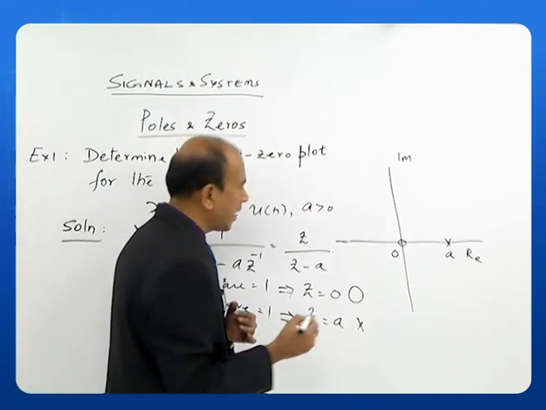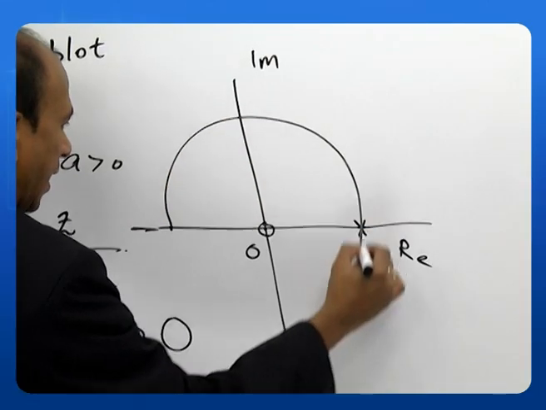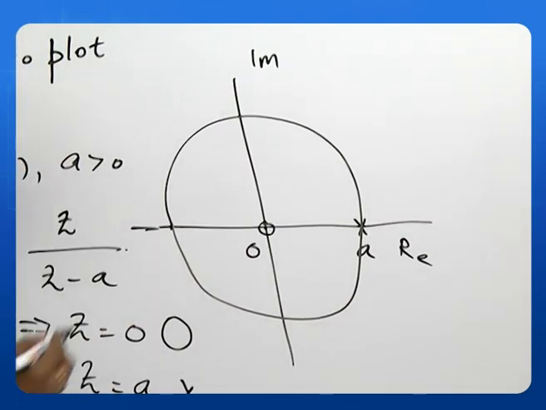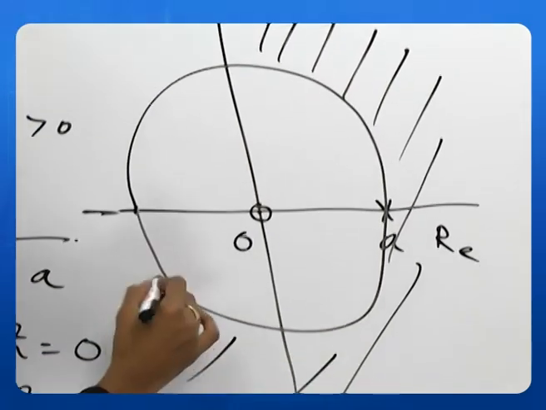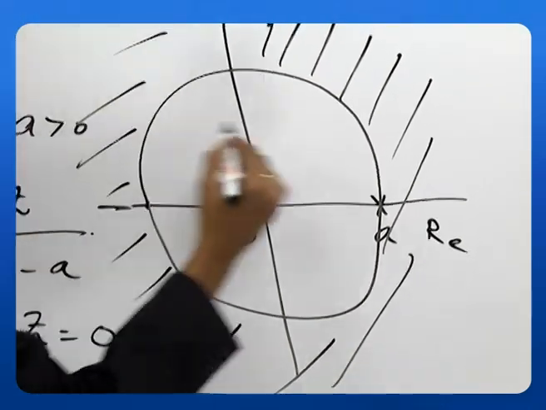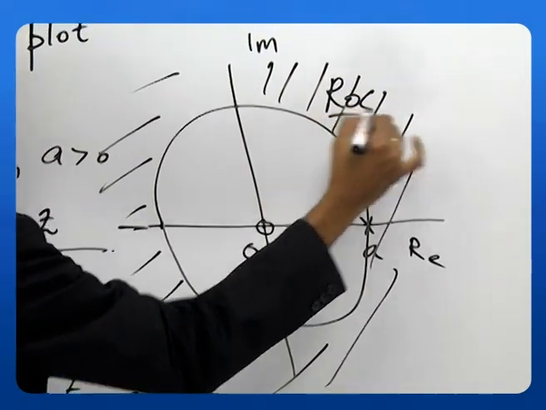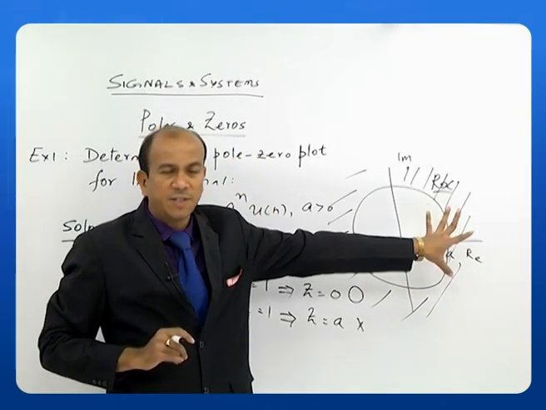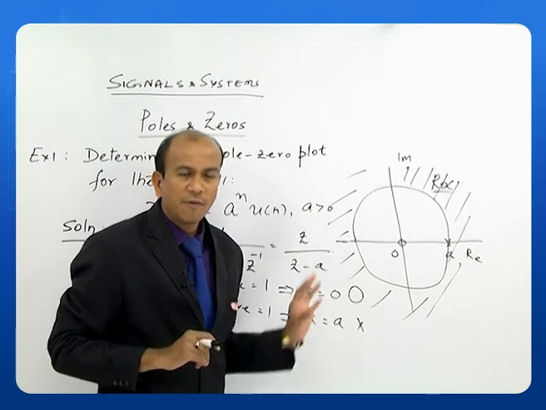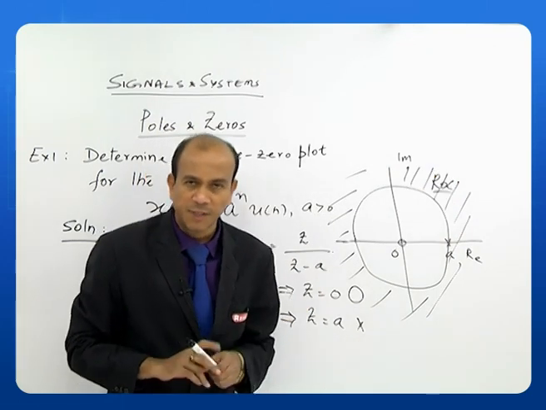So where will it lie? It will lie beyond this circle of radius a. If I take this circle like this, then the ROC will be this region here. As you see, the ROC does not contain the pole. Otherwise, it is not an ROC at all. So this is how we find the zeros and poles in this equation.